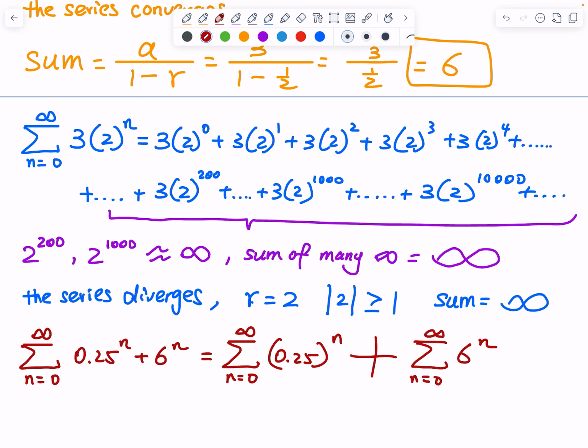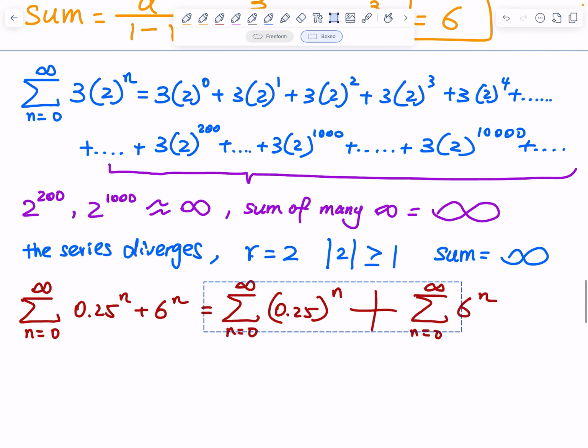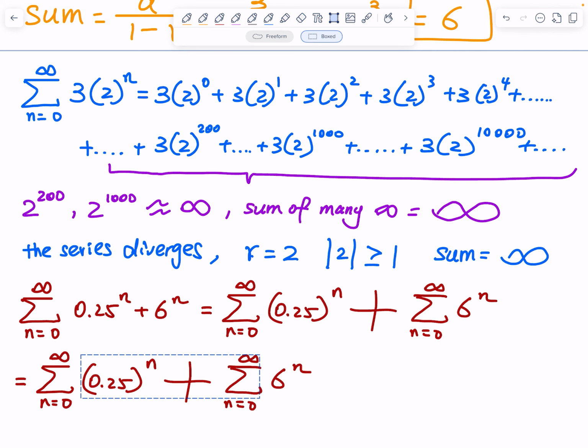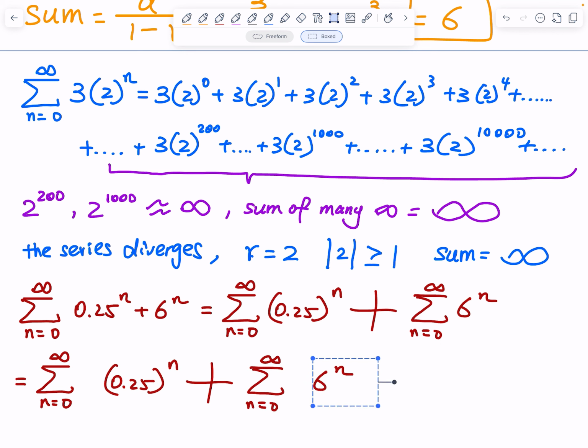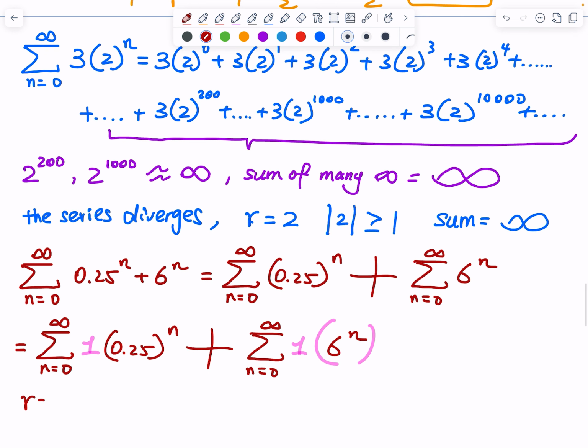And then they are both geometric series. If you want to find out what the a equals, we can simply do that. So I will just duplicate this, and then give myself some space in front of each of these. Let me write a 1 in here, and a 1 in here. Putting a 1 in there doesn't change anything. For the first series, the common ratio is 0.25, and the absolute value of 0.25 is less than 1.